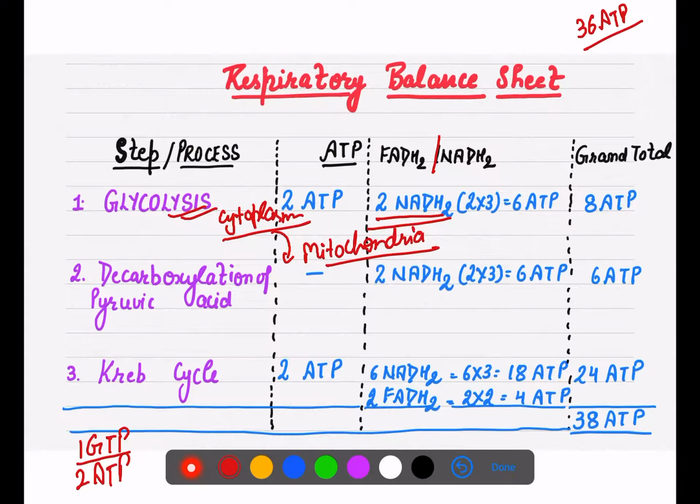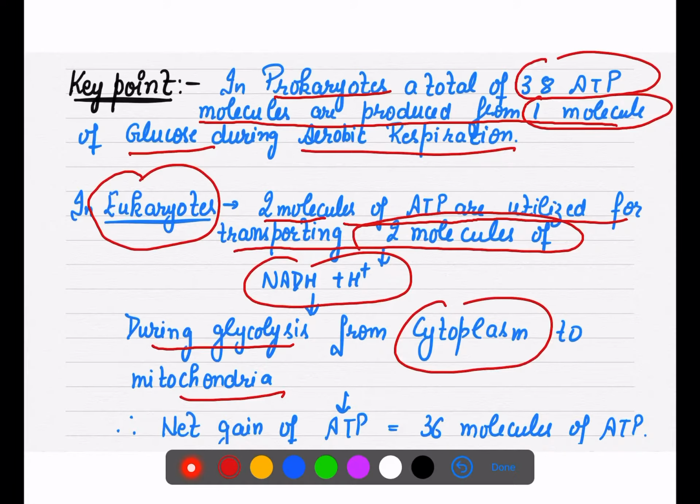So if we now cancel these 2 ATP, how much is left here? We will be left with only 6 ATP in the case of eukaryotes, and the total amount will then be 36 ATP, because these 2 ATP you have used for the transportation of NADH2 from the cytoplasm into the mitochondria.